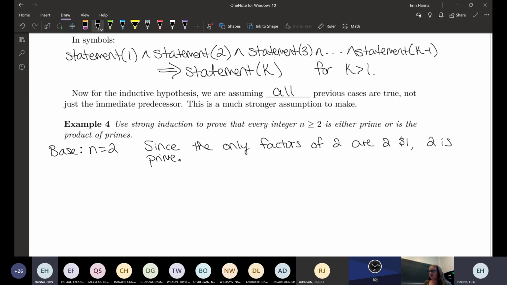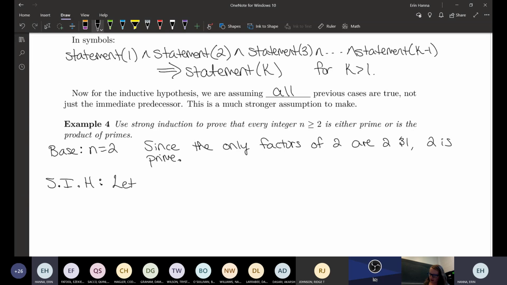So we've proven it for the base case. We need our inductive hypothesis, and I'll even write strong inductive hypothesis, but abbreviate because, again, I'm lazy. So strong inductive hypothesis.